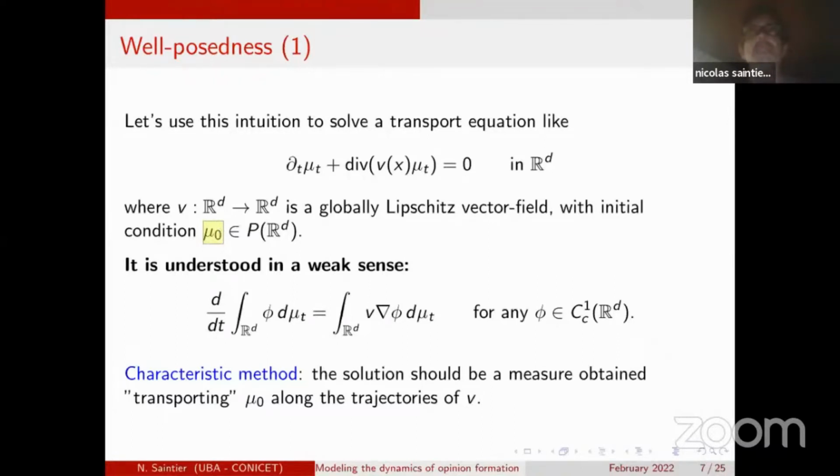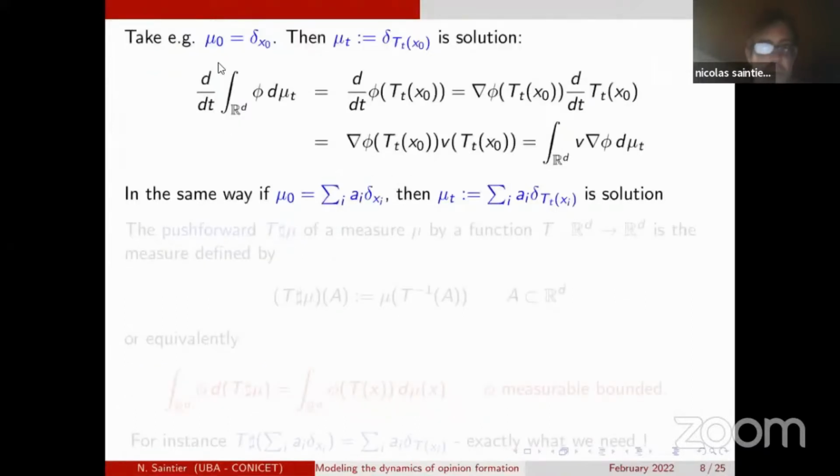But since I still don't understand much of what's going on, maybe it will be better to start easy. I will not take any probability measure. I will take an easy one. An easy one would be, for instance, a Dirac mass. So I take a Dirac mass here, meaning that all my distribution is concentrated at one point, which is x naught.